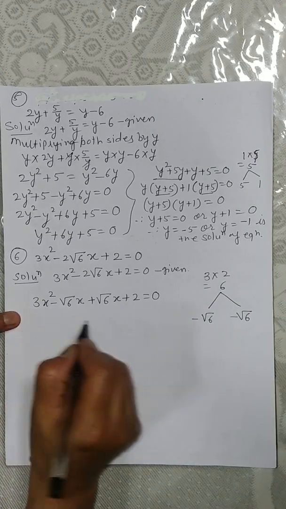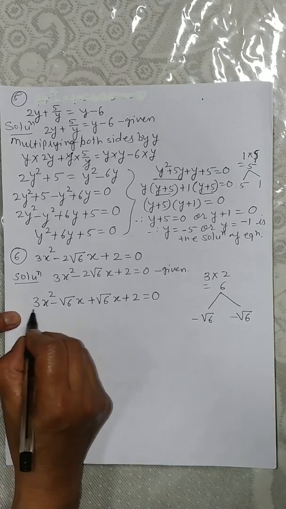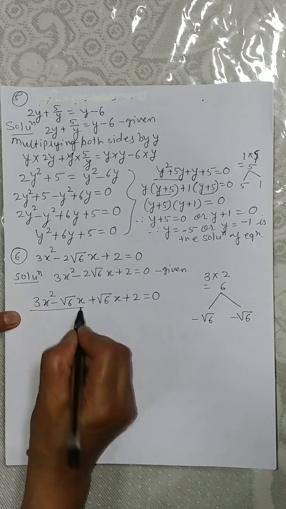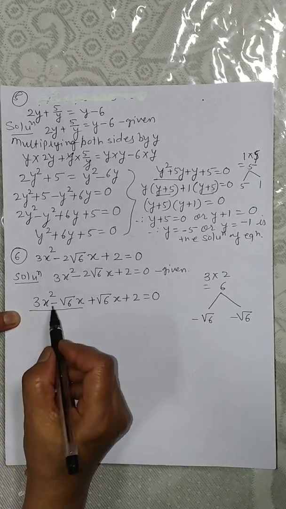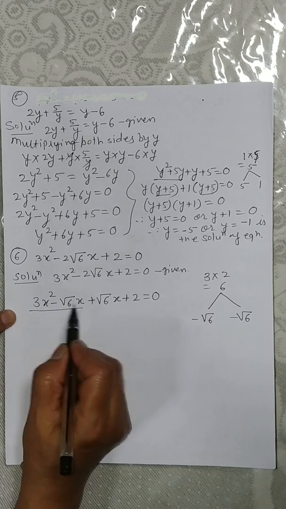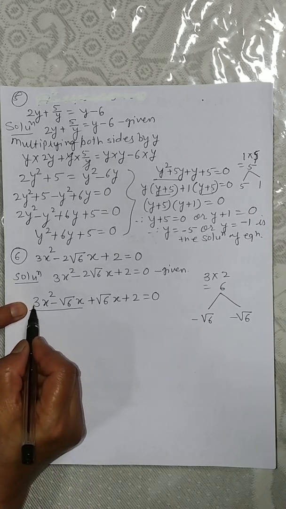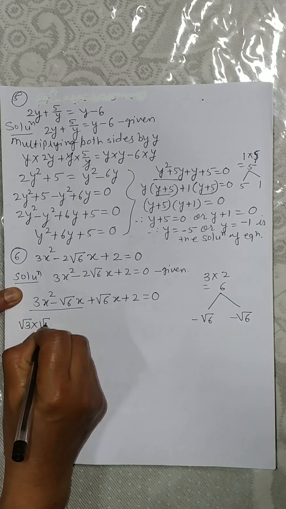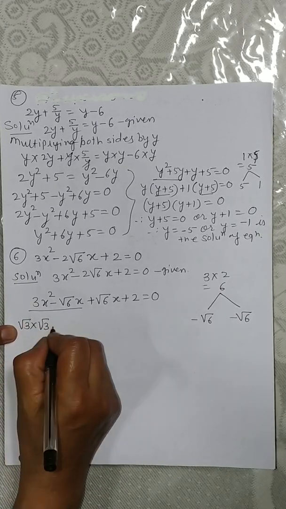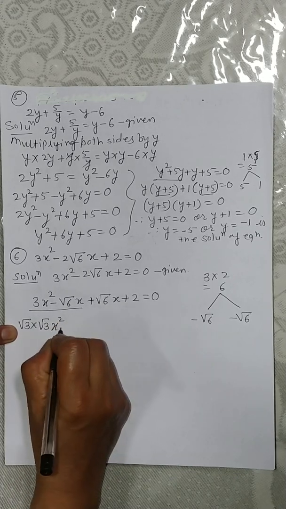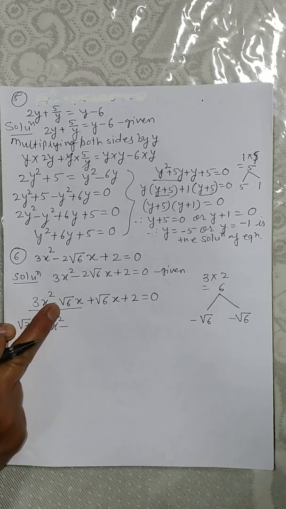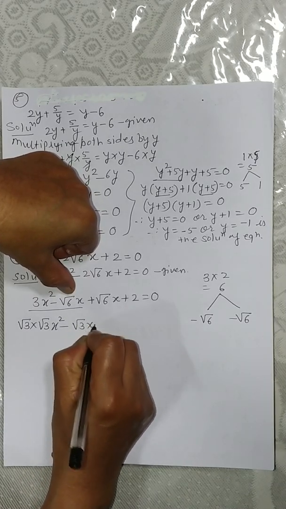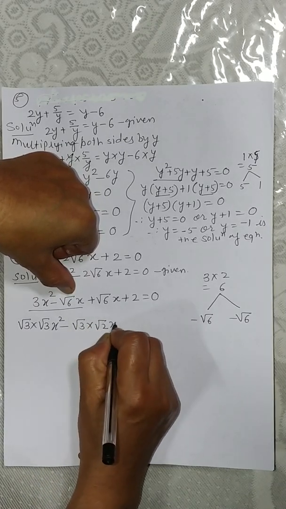So now here, 3x square and root 6x. To find out the common factor, this 3 is written as root 3 into root 3, that is 3x square, minus this root 6 is written as root 3 into root 2x.